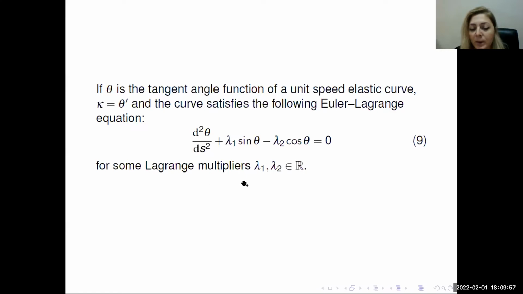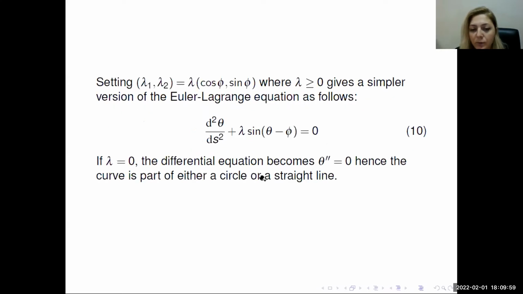For some Lagrange multipliers, lambda 1 and lambda 2, we set lambda 1 and lambda 2 as this: lambda cosine phi, lambda sine phi, and this gives a simpler version of the Euler-Lagrange equation. If lambda equals 0, the differential equation becomes this. So the curve is part of either a circle or a straight line.